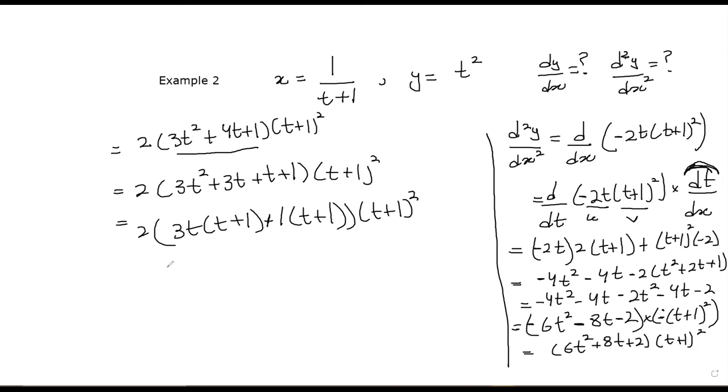So we are able to form 3t plus 1 into t plus 1. Now t plus 1 is already present with the power of 2, and another t plus 1, if multiplied into it, will give us t plus 1 cubed, times 2. So here is our double derivative.